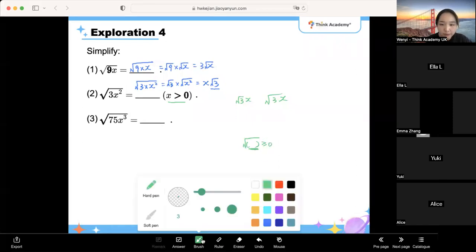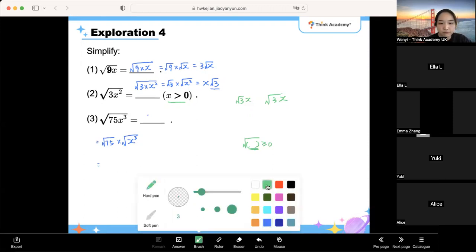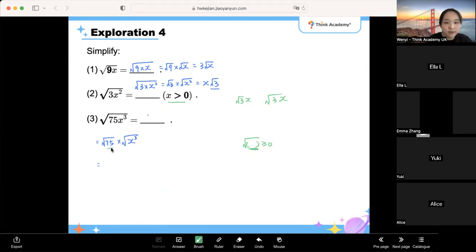All right, and for the third question, I already see some correct answers here. So let's do it step by step. We can factorize it first as root 75 times root x to the power of 3. Then can you find the largest square factor of 75? 25, yes.